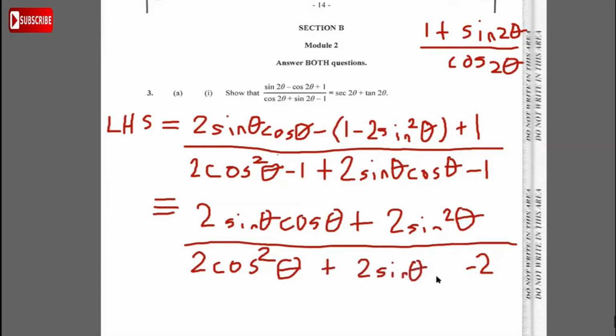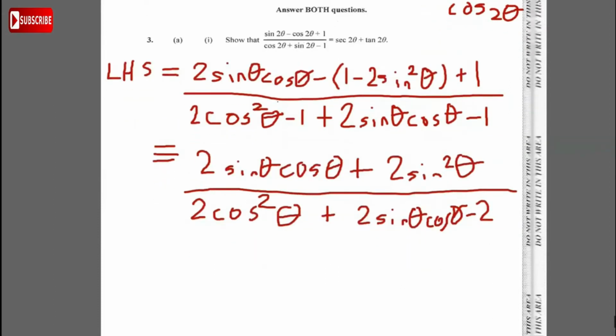So what I'm going to do now is, I notice that there are so many 2's: a 2 here, a 2 here, a 2 here, a 2 here, and a 2 here. I'm going to divide the numerator and the denominator by 2. I don't like seeing so many 2's.